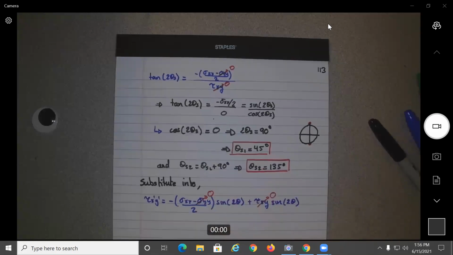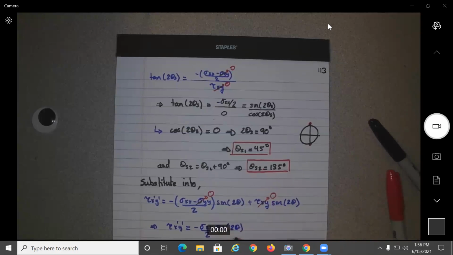In this example, these two will be equal to 0, meaning that tau x prime y prime will be equal to minus sigma xx over 2 sine 2 theta.